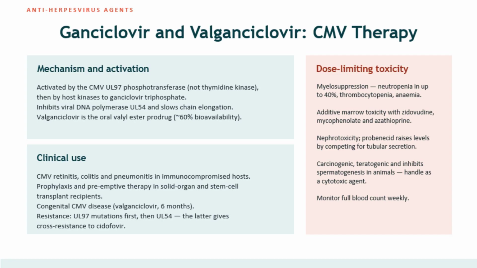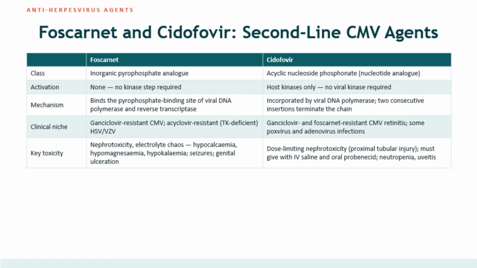In animal studies, it's carcinogenic, teratogenic, and impairs spermatogenesis, so we handle it like a cytotoxic. Practically, check a full blood count weekly and counsel about contraception. This drug demands respect. So what do you do when ganciclovir stops working?